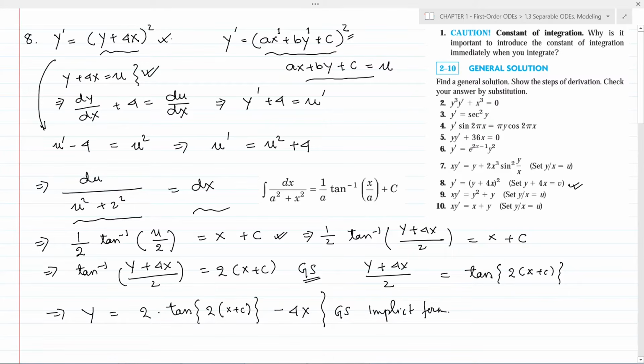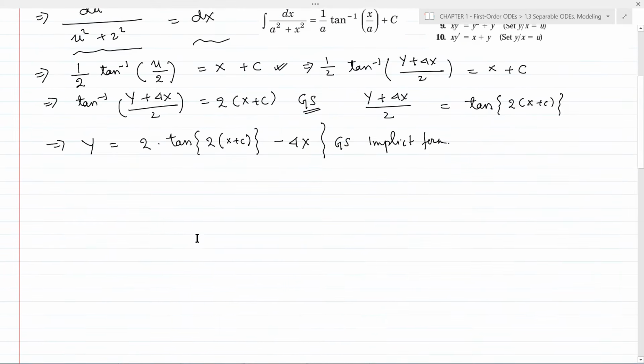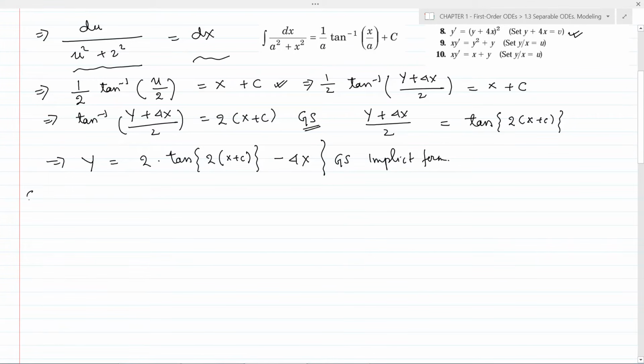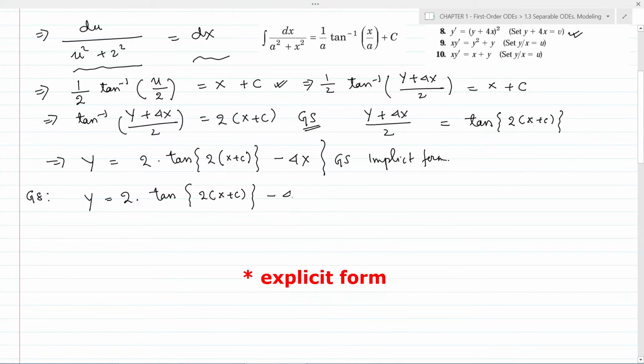To get this differential equation from the general solution, we have to differentiate the general solution both sides with respect to x. So, we take the general solution, which is y is equal to 2 tan of 2 whole into x plus c minus 4x.